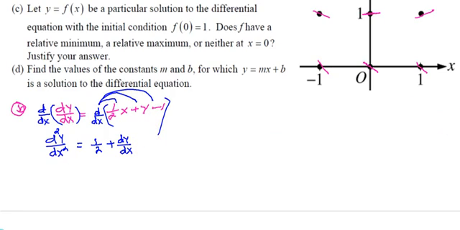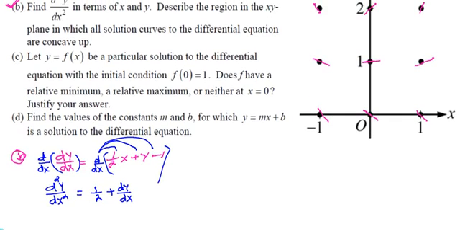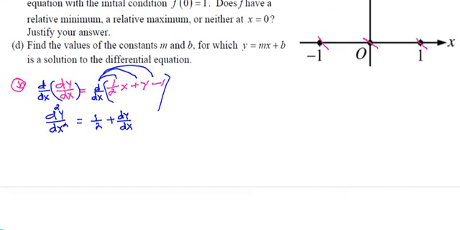Okay, let's read the question again. Find the second derivative in terms of x and y. So I have dy/dx, which means you have to do double substitution. What is dy/dx? What is given to you as dy/dx, which is your original equation? 1/2 x plus y minus 1.